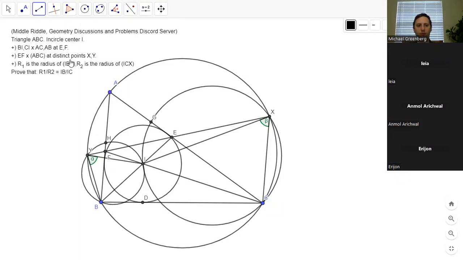That would also solve it. So we know the power of A with respect to this circle is AH times AB, and the power of A with respect to this circle is AG times AC. If we can show the ratio of those powers is AB over AC, then that would solve the problem, because then we'd have AH equals AG. That would mean these triangles are congruent, and everything would work from there.